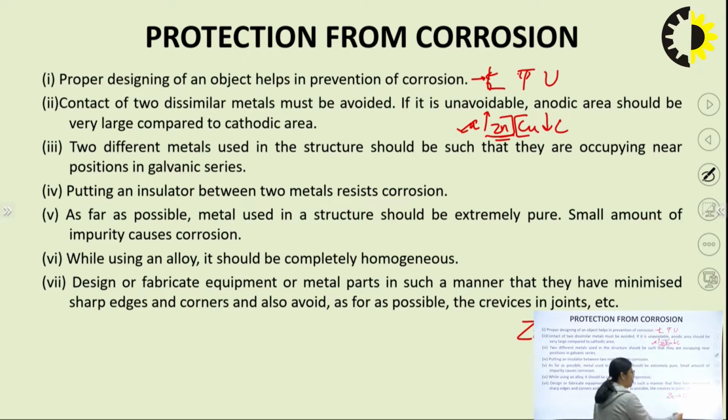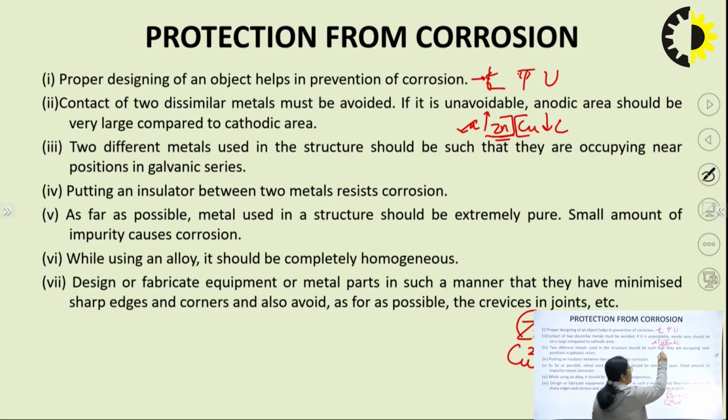These electrons are going to travel from the zinc anode to the copper cathode, where they are going to be accepted by copper ions, resulting in the formation of copper. So if the anodic area is large, it is going to supply enough electrons which can be accepted by copper ions to form copper. As a result, the rate of corrosion or oxidation is going to be slower.